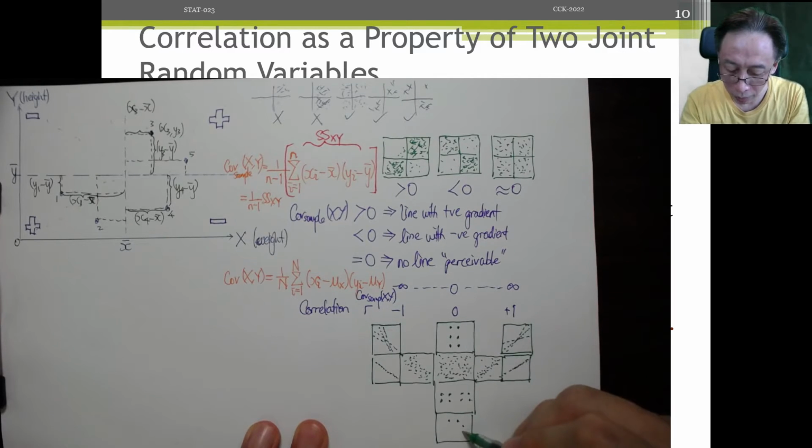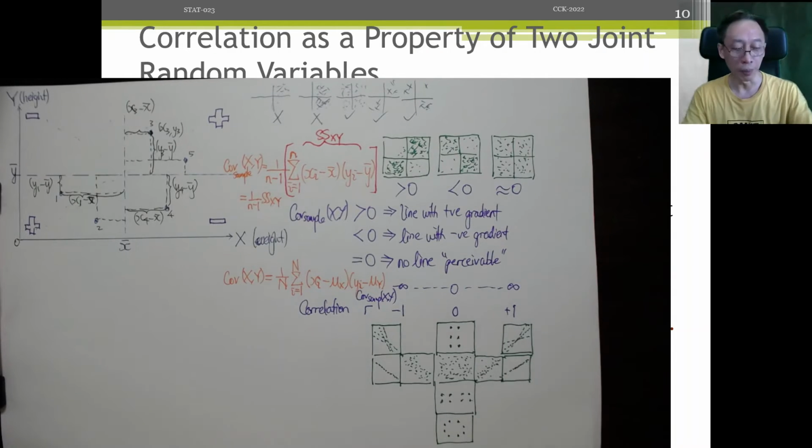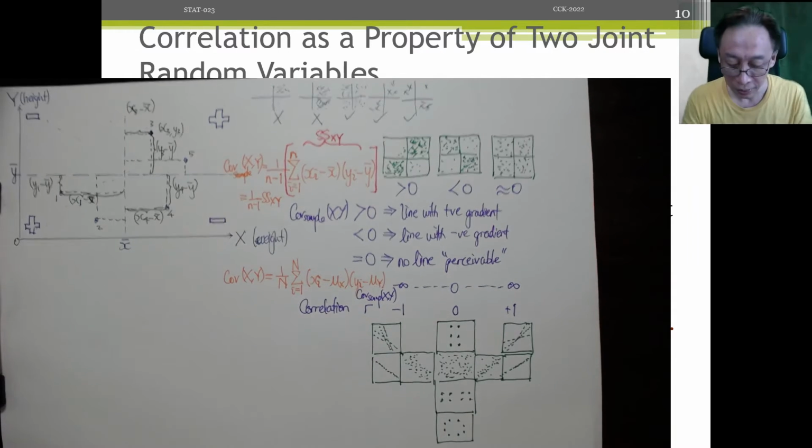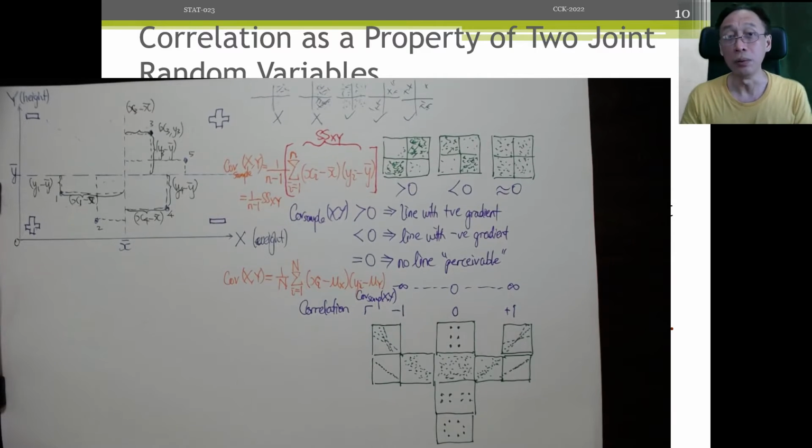And in the extreme, it can be a circle. Then it will be perfectly symmetrical about both axes. Then you will get R equals 0.